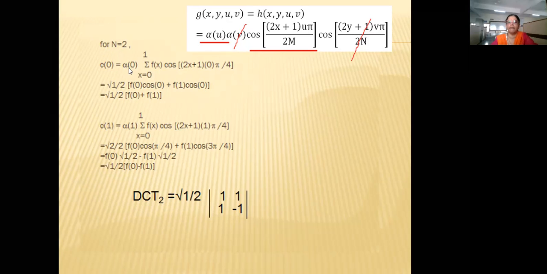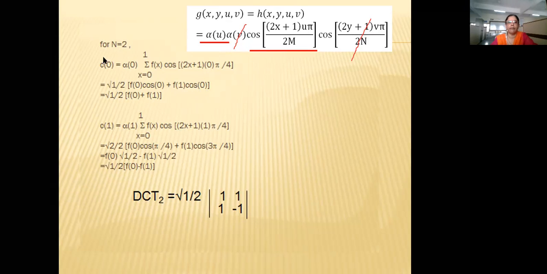This is fixed for when u is 0. So alpha 0 is root of 1 by 2. The first term of this summation is f0 into cos 0. When x is 0, we simply get cos 0. Then when x is 1, as u is 0, we again get in the second term cos 0, f1 into cos 0.